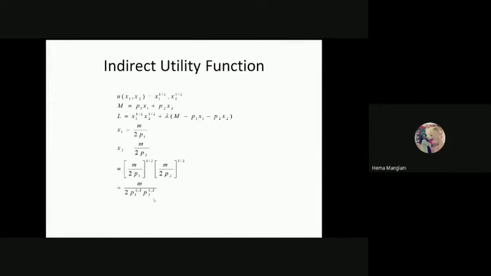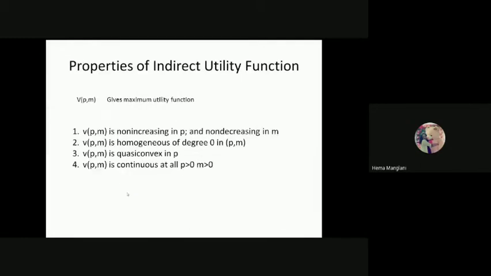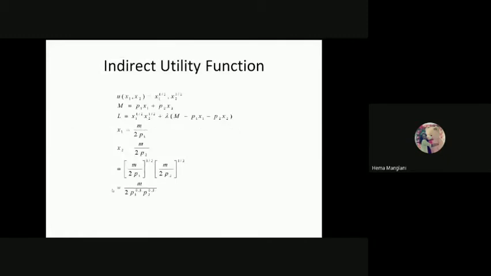Is that clear to you? How we reach from the ordinary utility function to the indirect utility function. This is now the function of m, and this is now the function of p. You can see it. There is no x1 and x2 we have. Okay. As we have seen, the V is a function of price and M. So my indirect utility is depending upon M. Here U is depending upon x1 and x2.